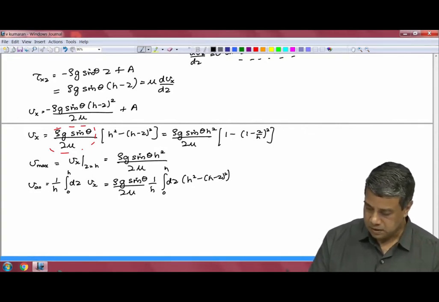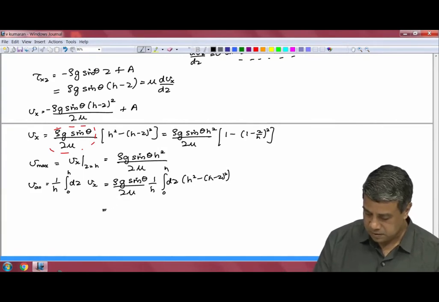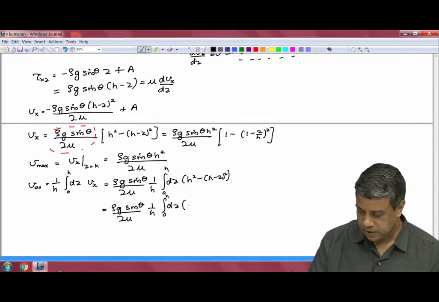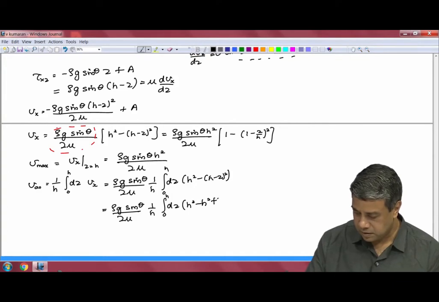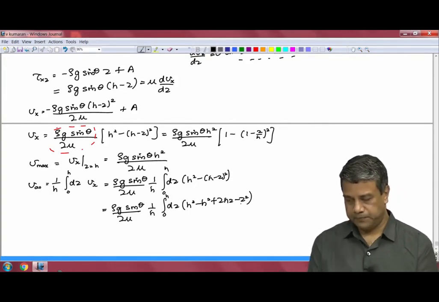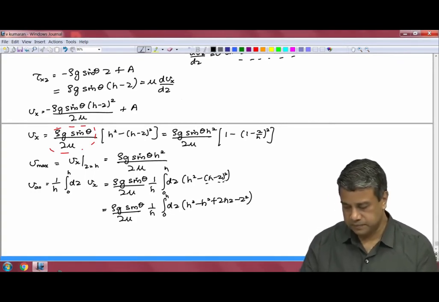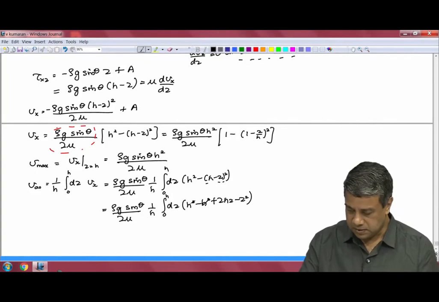And this I can expand out, expanding h minus z the whole square, and the h square terms will cancel out.